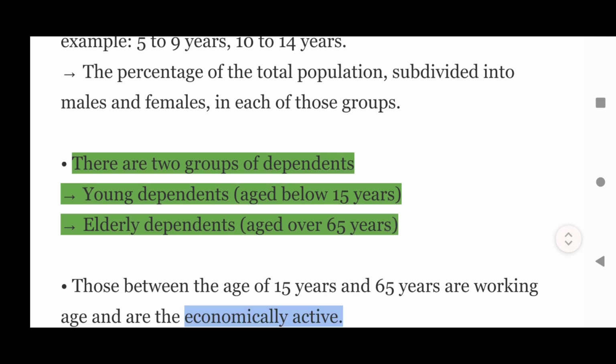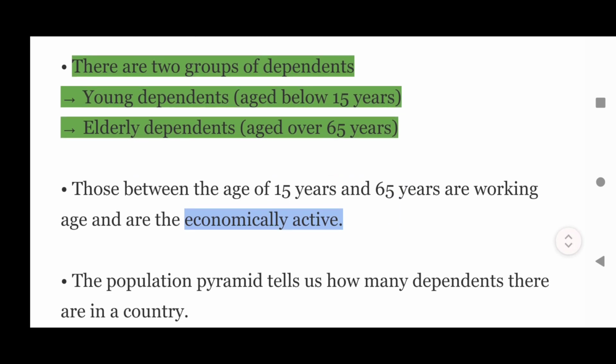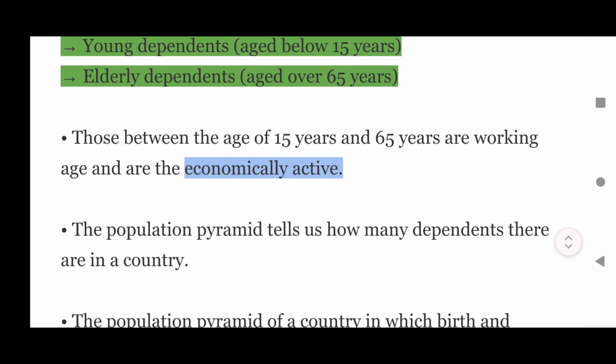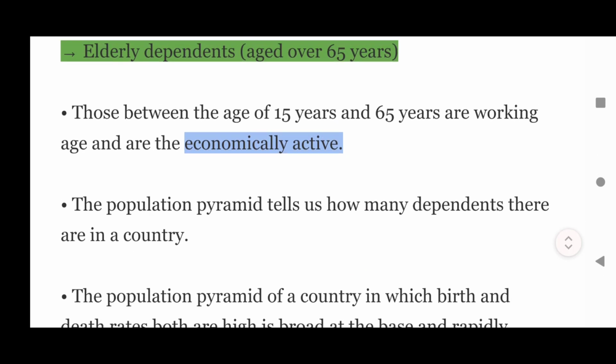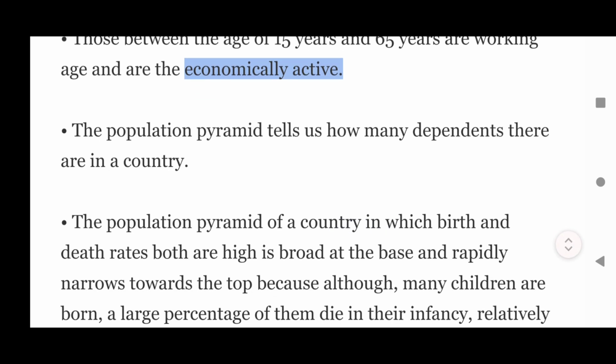The percentage of total population is subdivided into males and females in each of these groups. There are two groups of dependents: young dependents, aged below 15 years, and elderly dependents, aged over 65 years. Those between the ages of 15 and 65 years are of working age and are economically active. The population pyramid tells us how many dependents there are in a country.